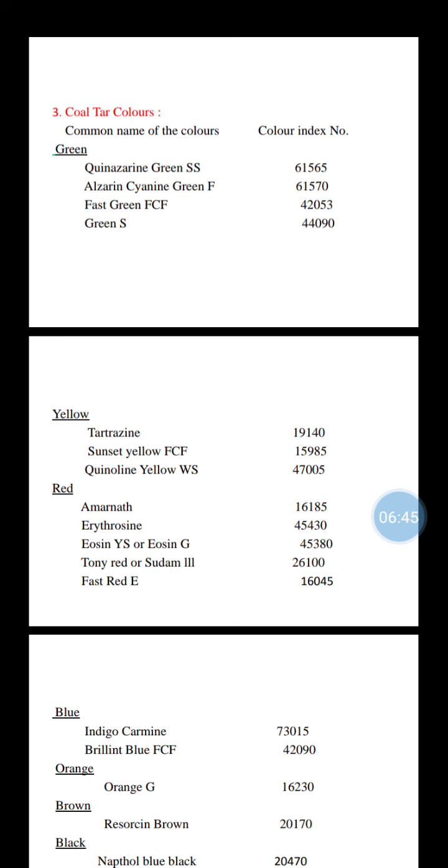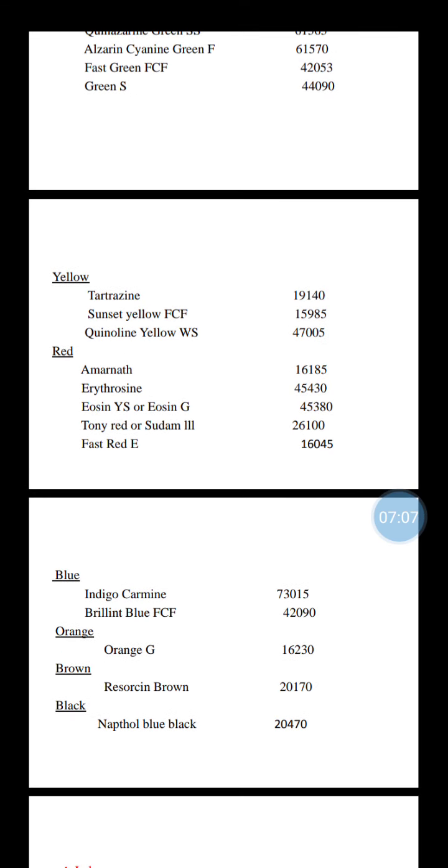I repeat once again: green, quinizarine green SS, 61565; alizarine cyanine green F, 61570; fast green FCF, 42053; green S, 44090; and yellow, tartrazine, 19140; sunset yellow FCF, 15985; quinoline yellow WS, 47005.